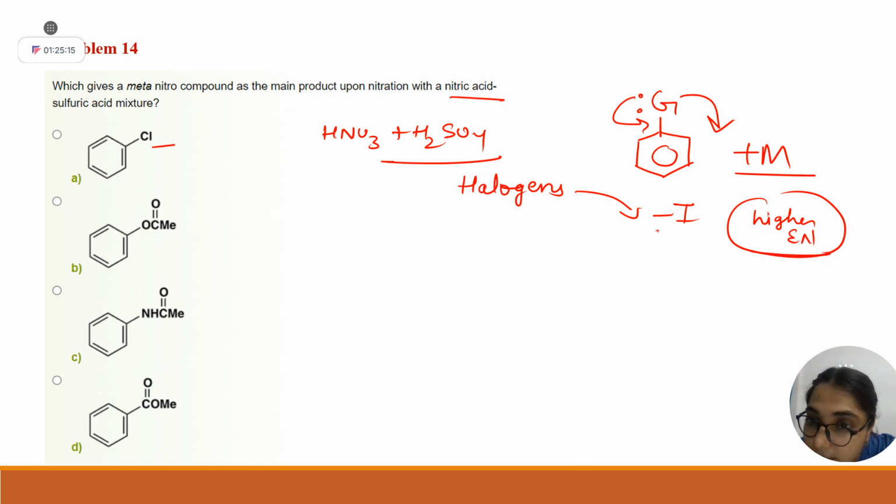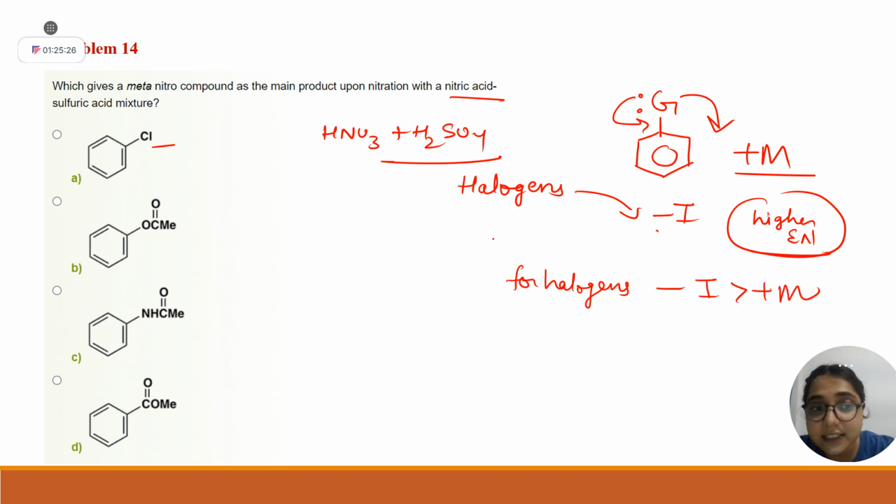So for halogens, remember this thing: their minus I is greater than plus M. But one thing is clear, they will remain ortho para directors only. Why? Because these have lone pairs. Yes or no?